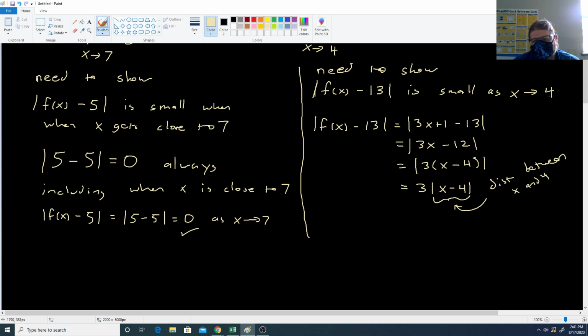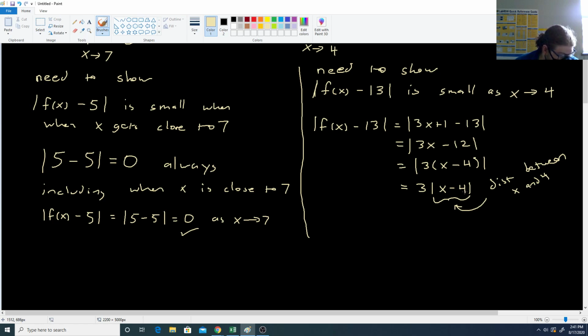So as x gets close to 4, the distance between x and 4 approaches 0. So this distance here will approach 0. If you have something that's approaching 0, 3 times something approaching 0 still approaches 0.